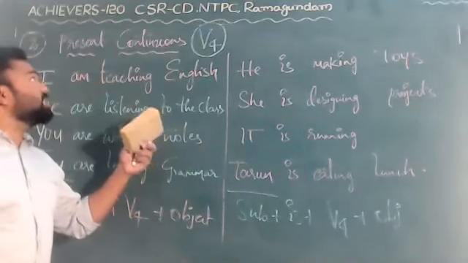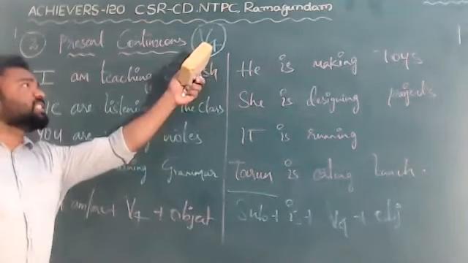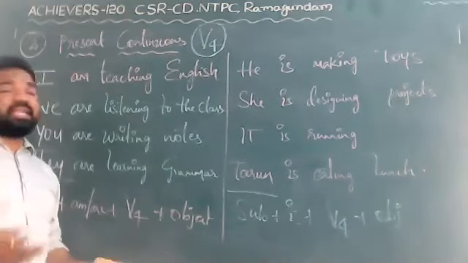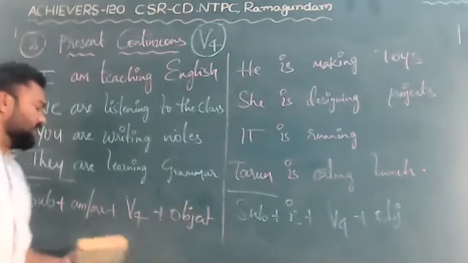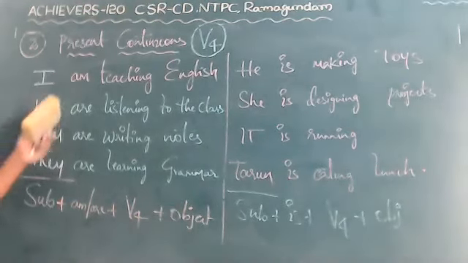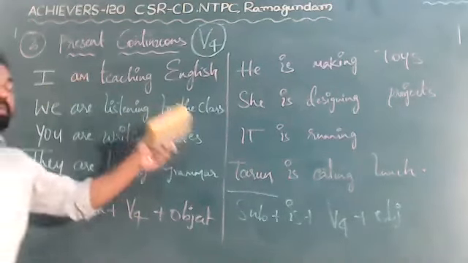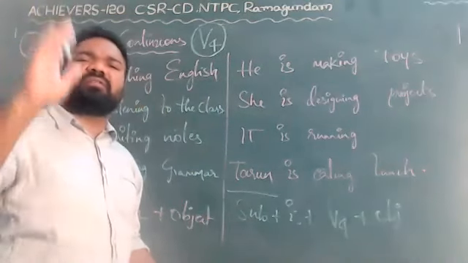This is present continuous, in which before is the keyword, key verb, which is used, and this is how the formula goes on. For example, I am teaching English, we are listening to the class. Like these must be used at the time of the action still going on.